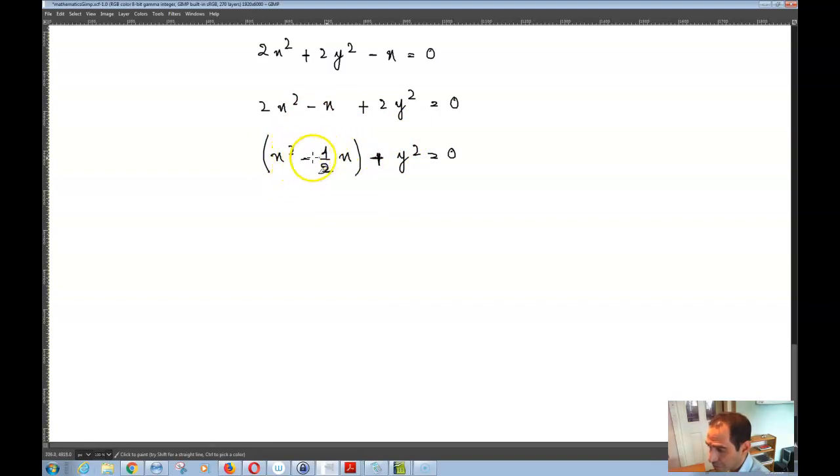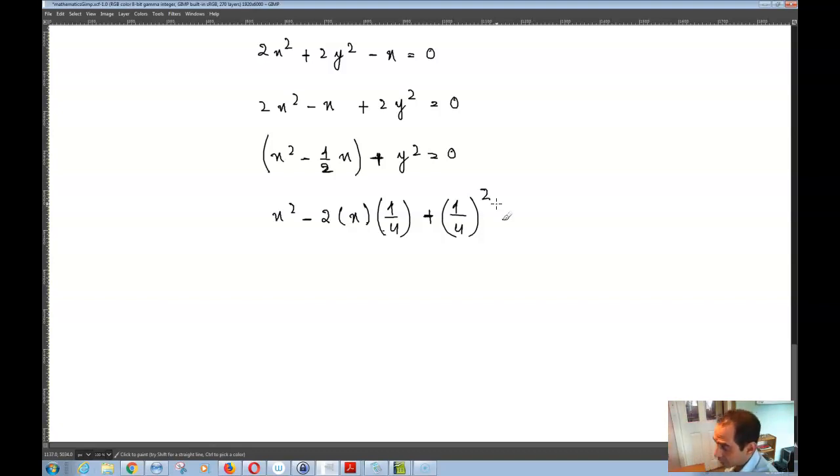You can write it as x squared minus 2 times x times 1/4, and that gives you negative 1 half x, plus 1/4 squared.